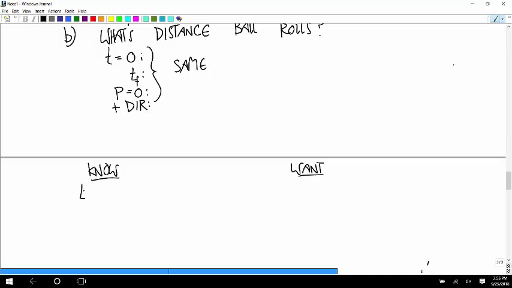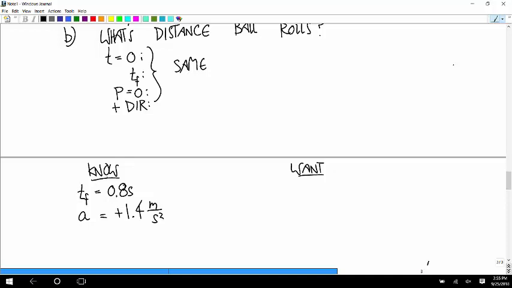We know time final. The acceleration we just calculated, so that's positive 1.4 meters per second squared. Positive this time means down the ramp. The position at time equals 0, we don't know that, but we do know the position at time final.